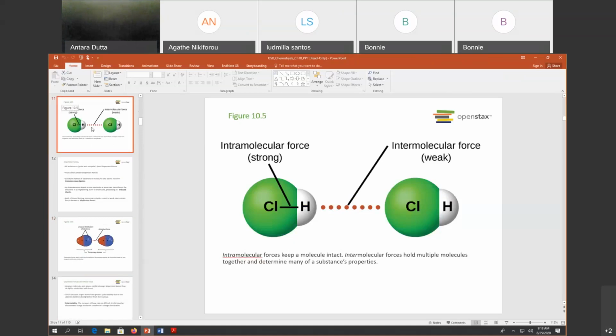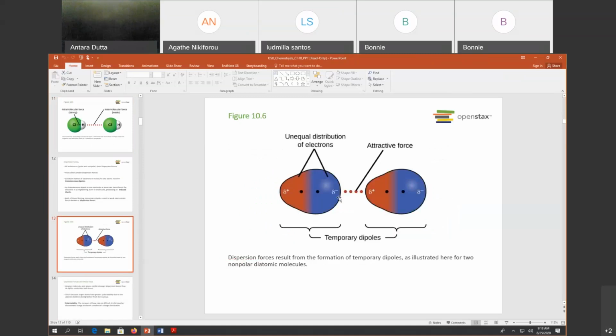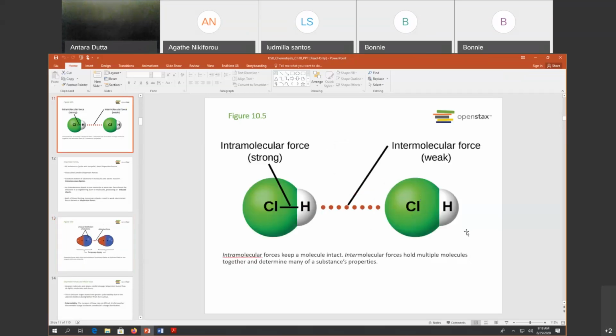Since HCl is permanently polar, but in the case of hydrogen, you are just deforming. You see, these temporary dipoles are created because you are inducing them. Maybe at some point they are deformed, maybe one side is positive, one side is negative, but actually they are not. So this probability is low, but the probability for HCl to attract another HCl with opposite polarity is very high.